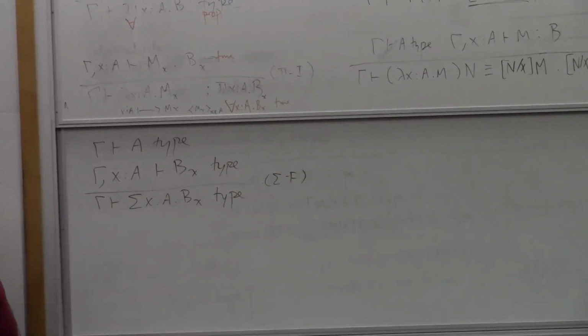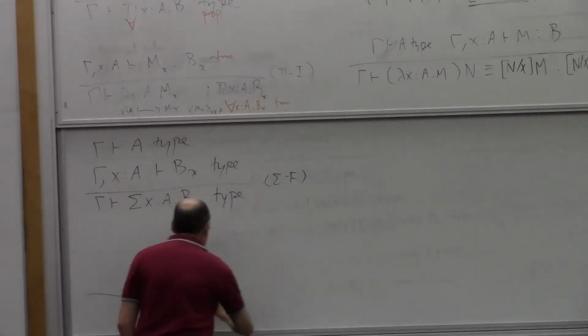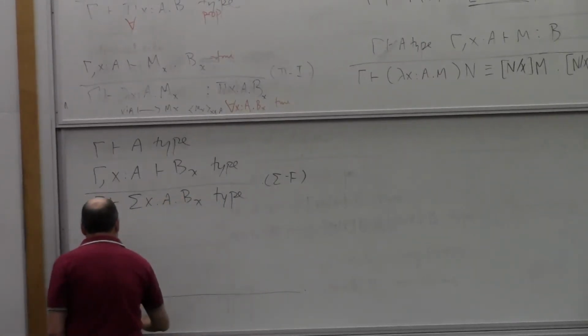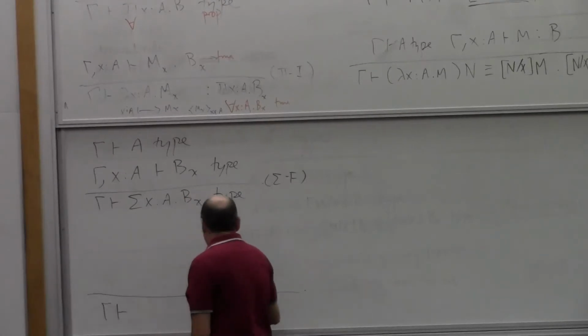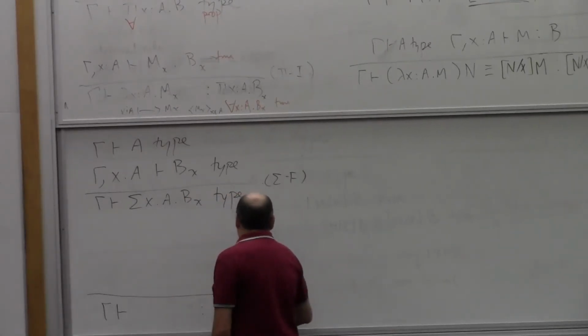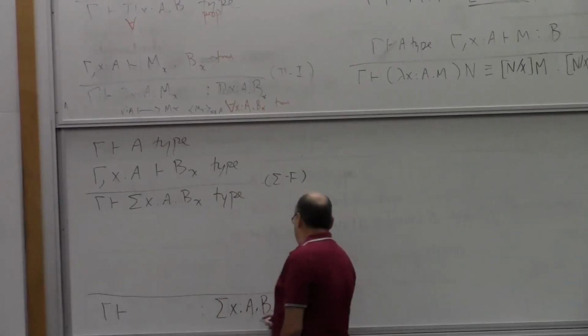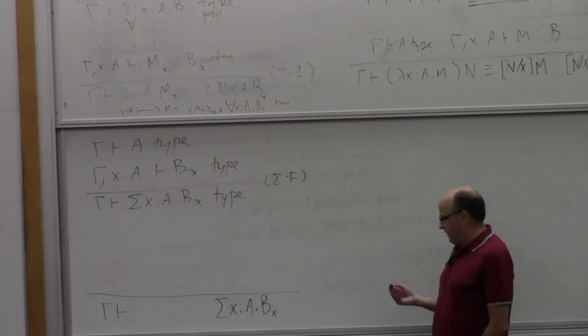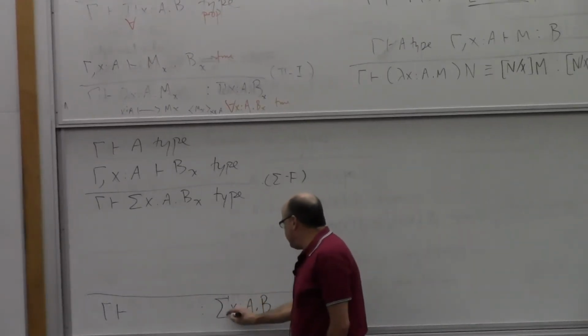Okay, and then we're going to have the introduction and the elimination. The introduction is: what does it mean to have an element of sigma x in A of B? And I can write the x there if I want, just to emphasize the dependence. So what is an element?